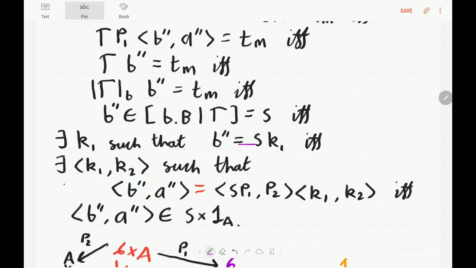And then if we can't find a K1 to make this work, then we can't satisfy this equation on the first component.